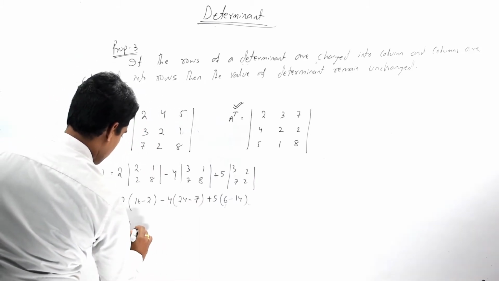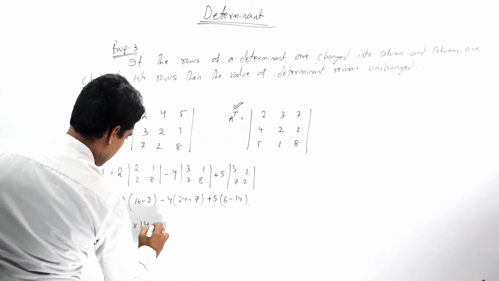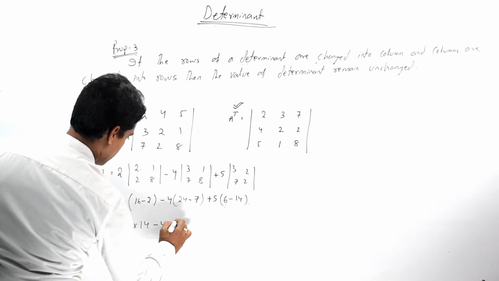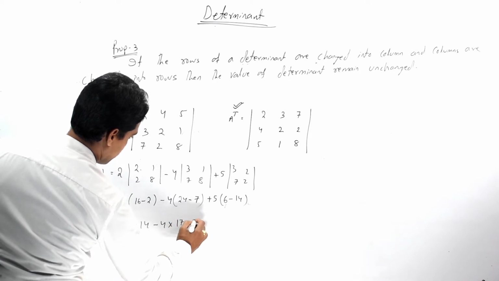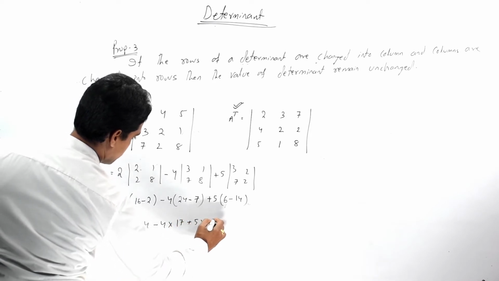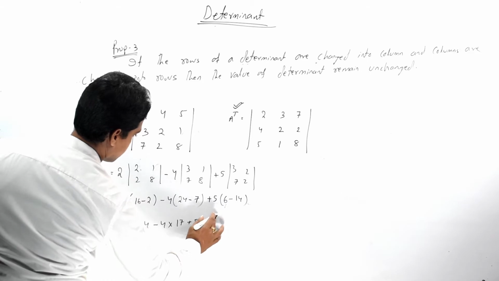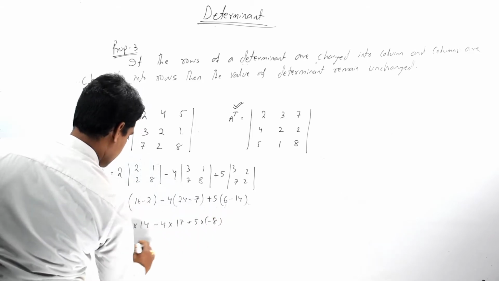That is 2 into 14 minus 4 into 17 plus 5 into minus 8.